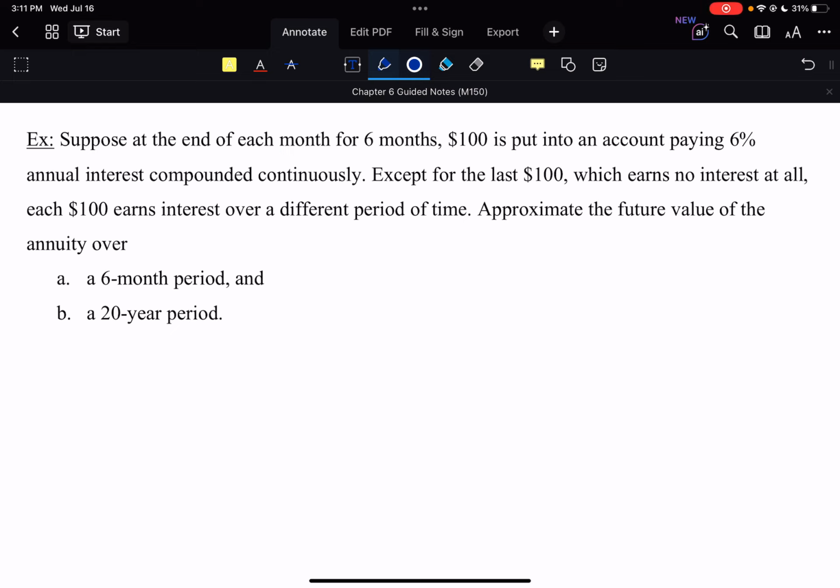So at the end of each month, they're putting $100 into this account, and then it's going to start earning interest. But the problem is, you're going to pay $100, and then it's going to start earning 6% interest. Then you're going to put in another $100, and it's going to earn 6% interest, but this one is going to earn also another 6% interest.